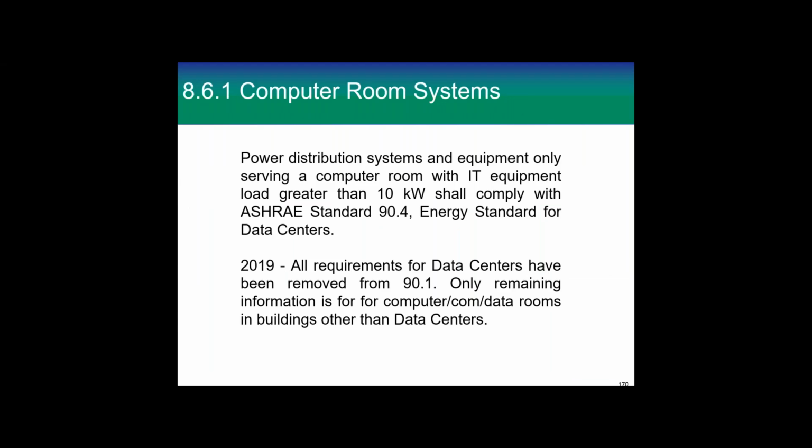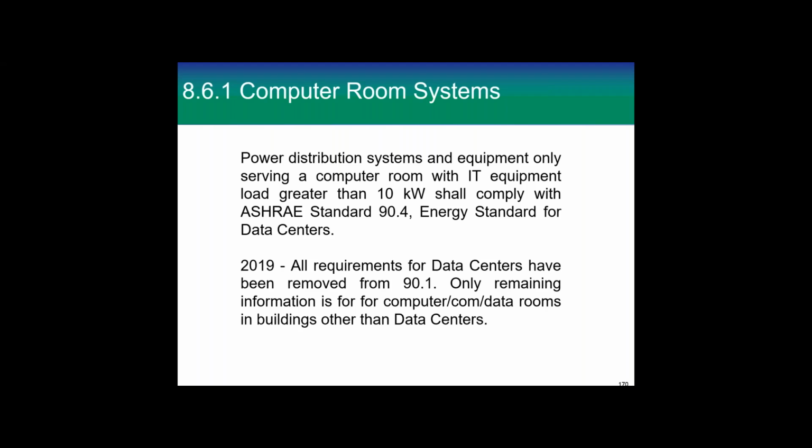Computer room systems. Now, this is not a change, but I always like to make sure you understand how this works. So power distribution systems and equipment only serving a computer room with IT equipment load greater than 10 kW shall comply with ASHRAE standard 90.4, and that means that you move out of our standard. Now, if you look at 90.4, it's going to send you back for a lot of the things we do, but it's going to have the requirements for a data center that the data center people have agreed to.